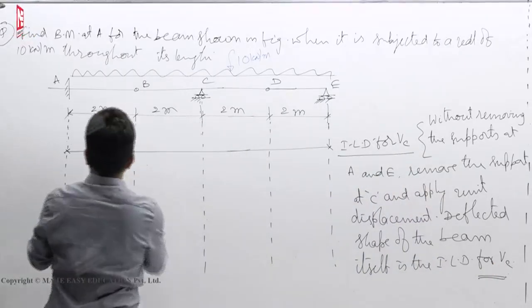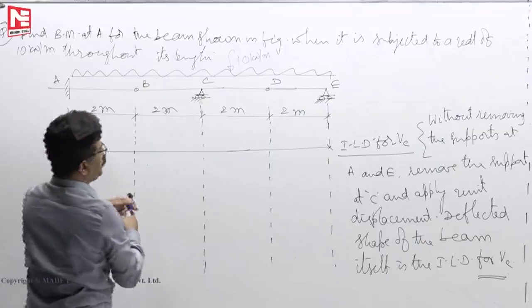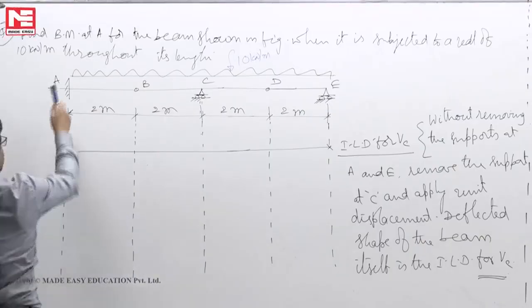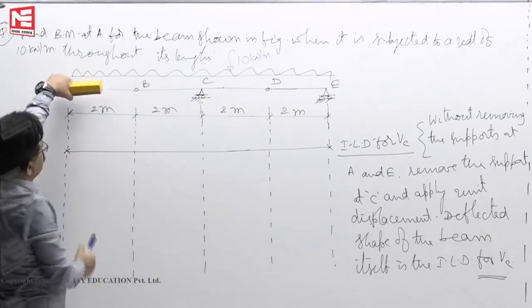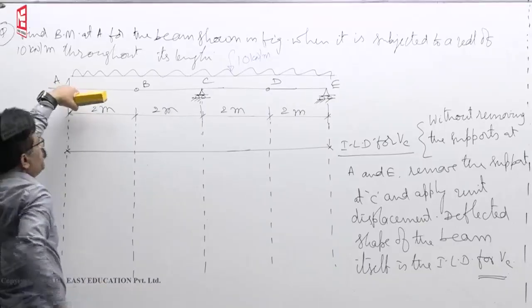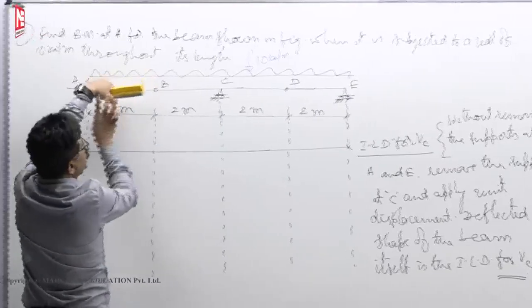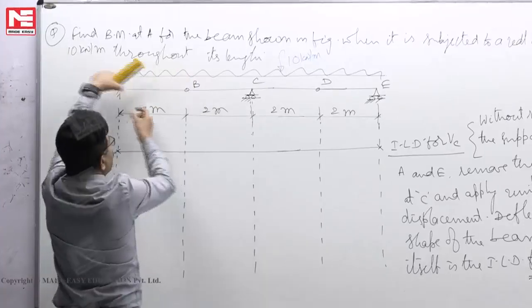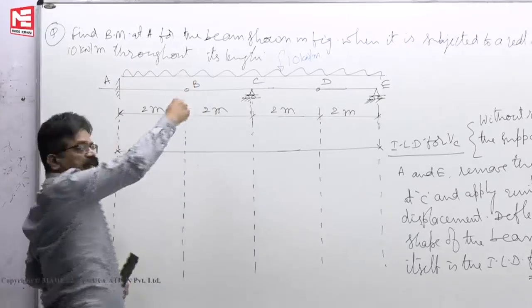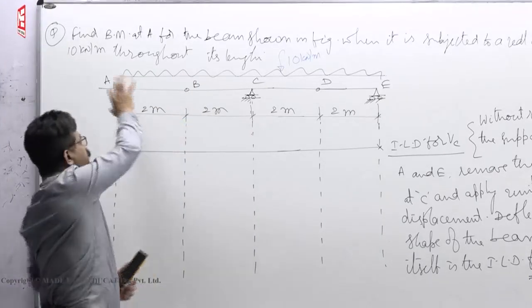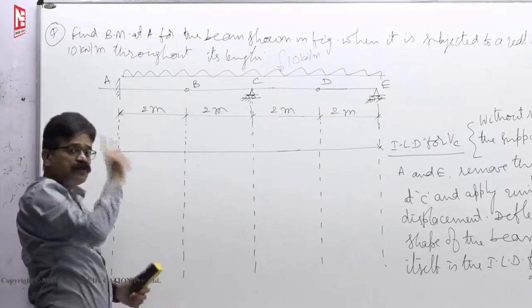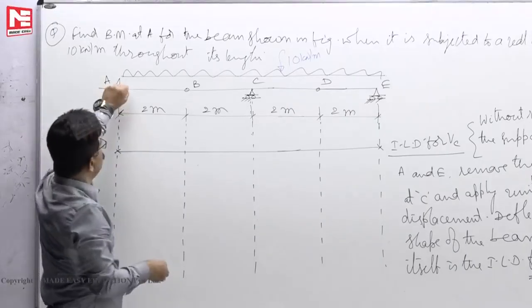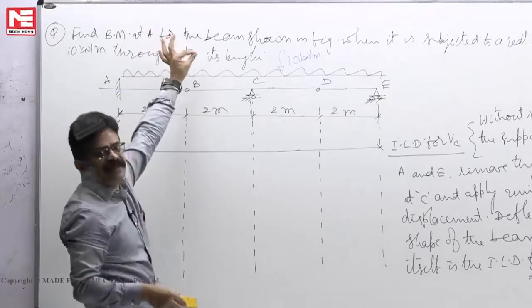Now you see, without removing the support at A and E, at A we have a fixed support like this. Now can B go up or down? Once I fix it here, if B has to go up, then I have to bend this one. A curved member you will get, because I am fixing it here, deflection is 0, slope is also 0. With 0 slope here, it cannot be lifted.